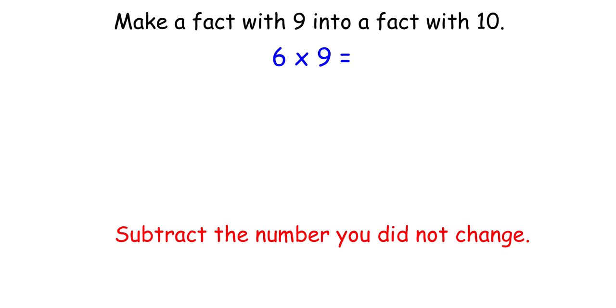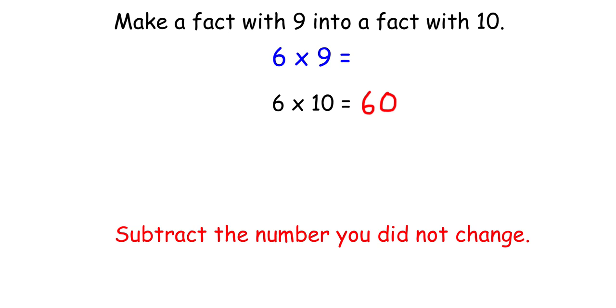Let's work with another one. Change a fact with 9 into a fact with 10. So 6 times 9 is going to become 6 times 10. And 6 times 10 is one of those easier facts to figure out. 6 times 10, of course, is 60. I'm now going to take that 60 and move it down here to subtract.